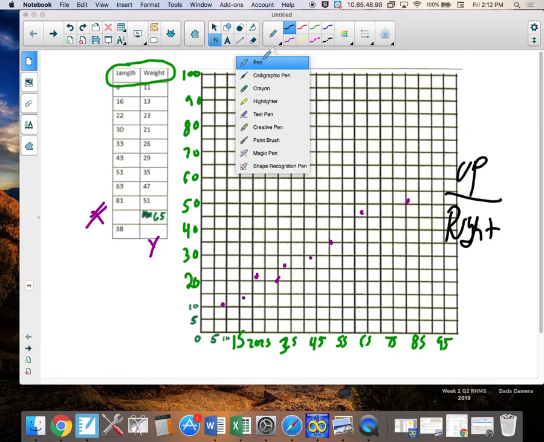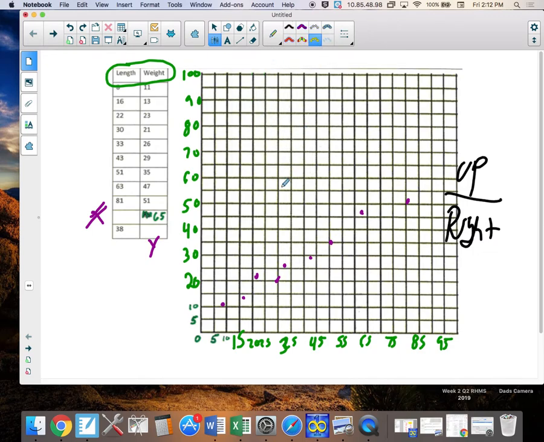So the best thing to do is pick 2 points from the start. So I'm going to pick the first point and the last point. I'm going to see if that works. I'm going to draw my line from my first point to my last point.